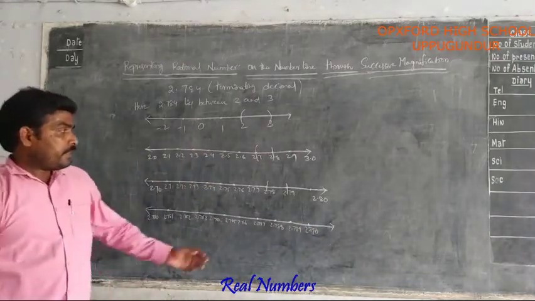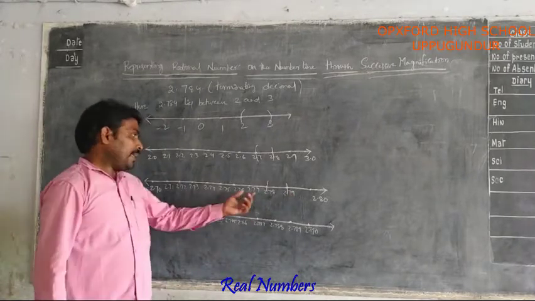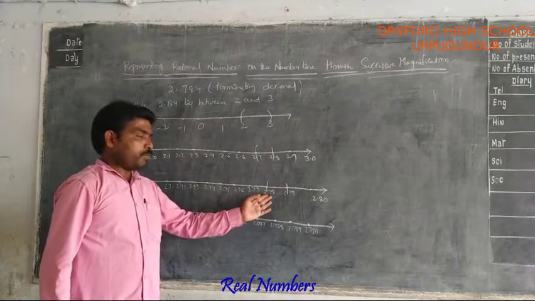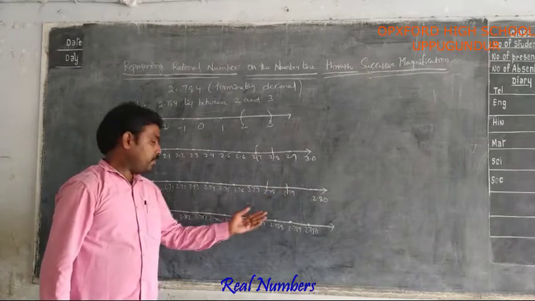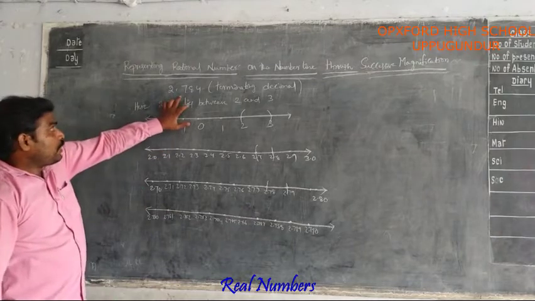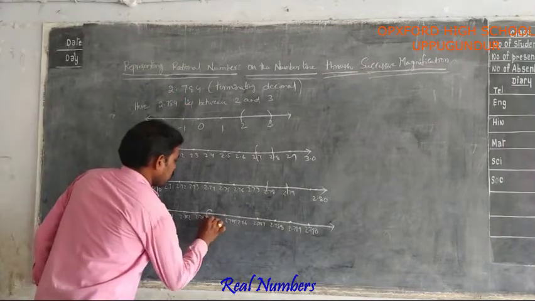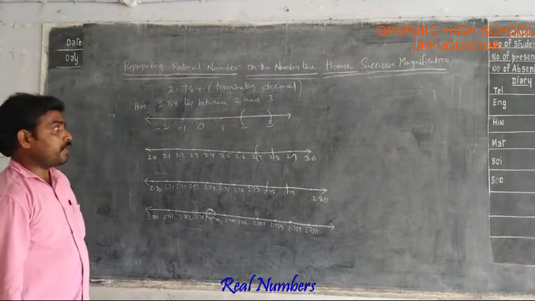Now we are dividing the interval between 2.78 and 2.79 into 10 equal parts. Now here we are getting this value 2.784. This is the value we are getting.